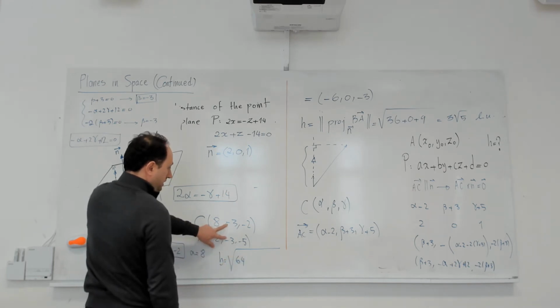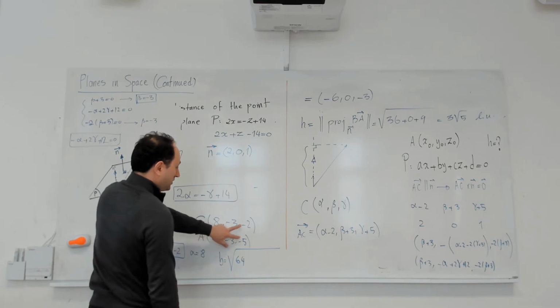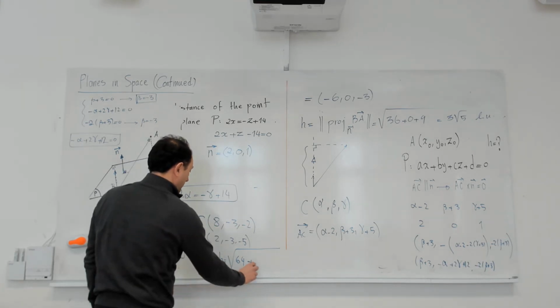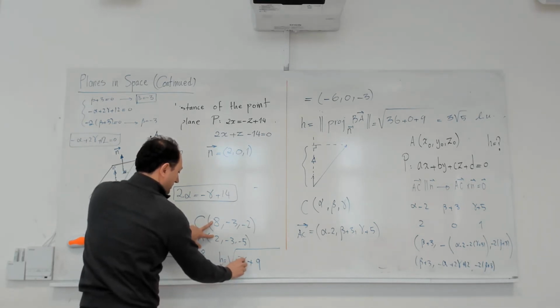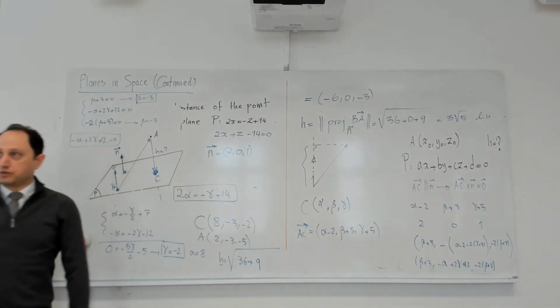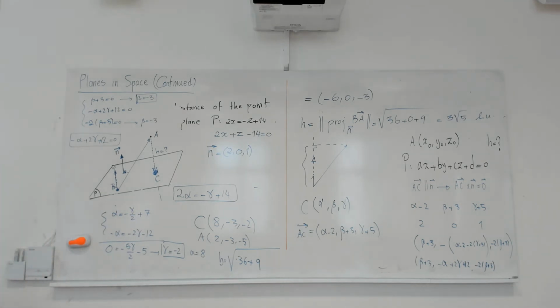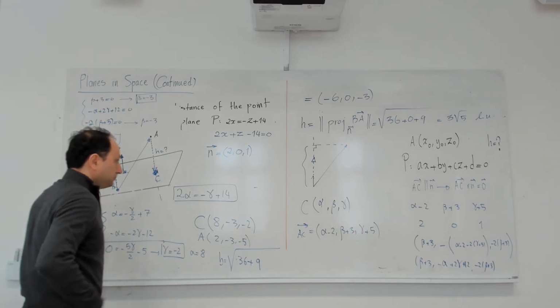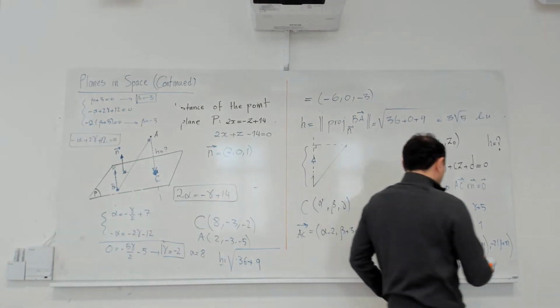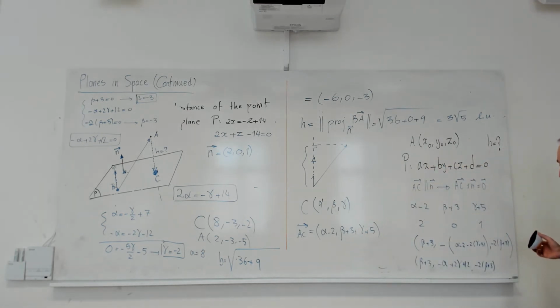The difference between these is 0. The difference between this is 9. Ah, no, sorry. The difference between them is 36. That's correct. So it becomes square root of 45. So you see this is also working. So I want you to understand, this is a very good place to understand these things from a geometrical point of view.